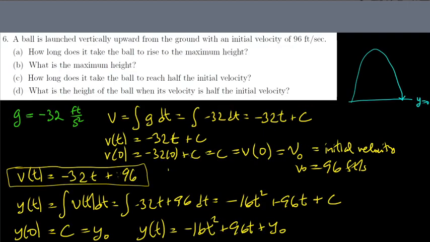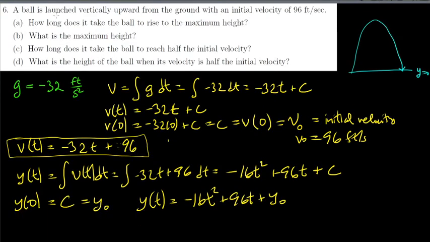And the initial height is also given. You have to read it carefully. It's launched upward from the ground. The ground is what we're calling y equals 0. So that means y0 is 0 feet. So for that, we don't need the y0 here.